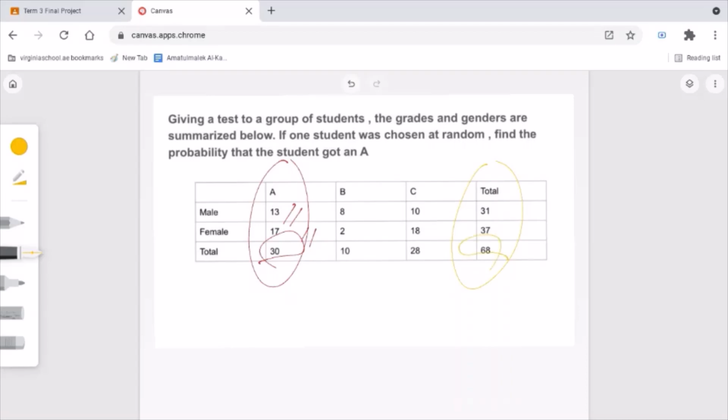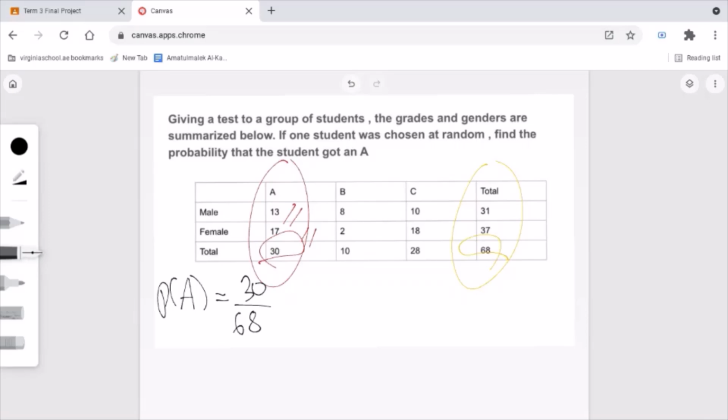And therefore, the probability that the student chosen at random would have gotten an A would be the number of students receiving an A, which is 30, divided by the number of students that took the test, which is 68. So P equals 30 divided by 68.